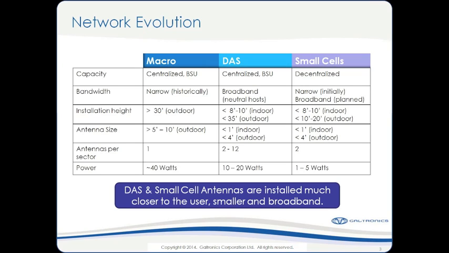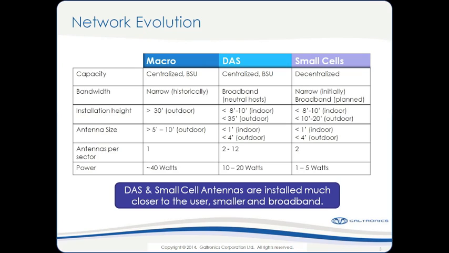When you look at a DAS, you may have one sector of the base station connected to as many as 12 antennas distributed throughout a floor. So this is significant in that you may have 4, 5, 6 antennas on a single sector, and because they're on that sector, the definition between coverage from one antenna and the next isn't so significant because all of those antennas are on a single sector.